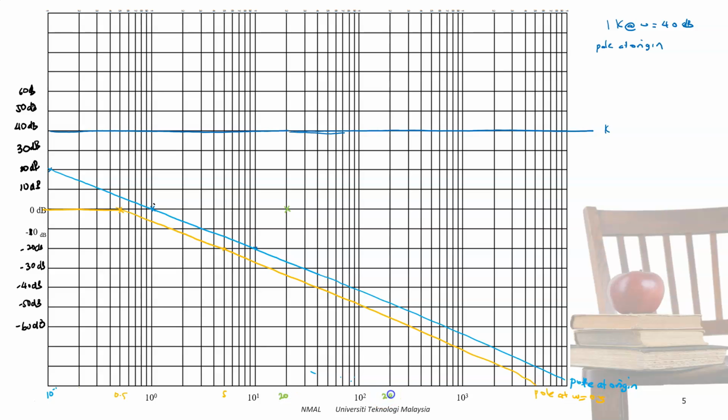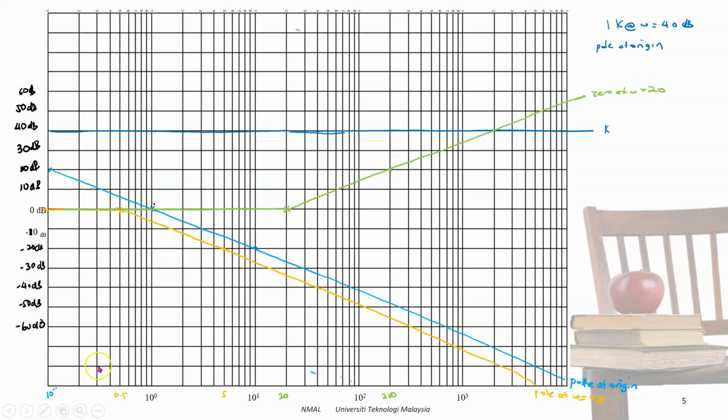This is 100, this is 200. So 200 should intercept at 20 dB. Before that it is 0, and after that it will ramp up at 20 dB per decade. So this is the zero at omega equal to 20.